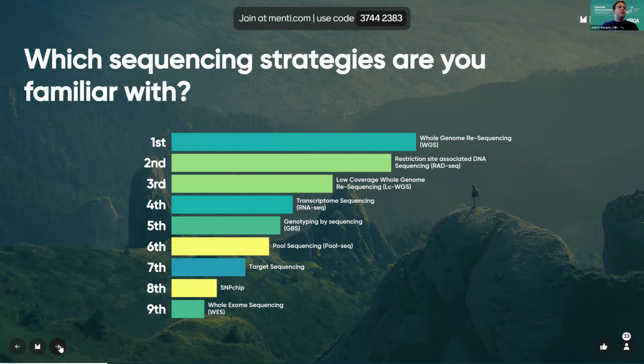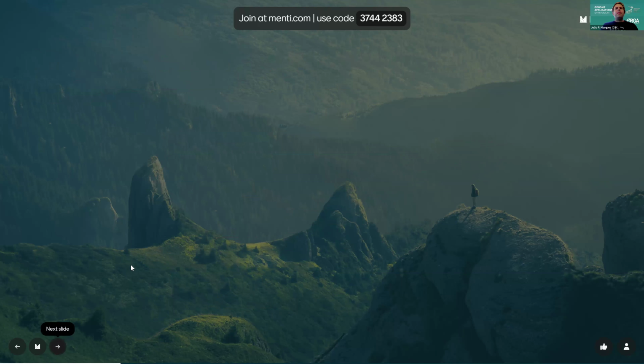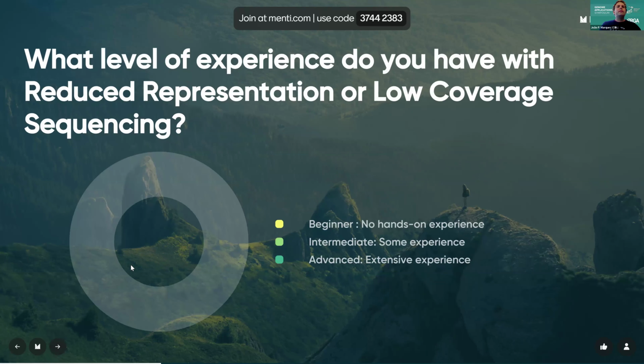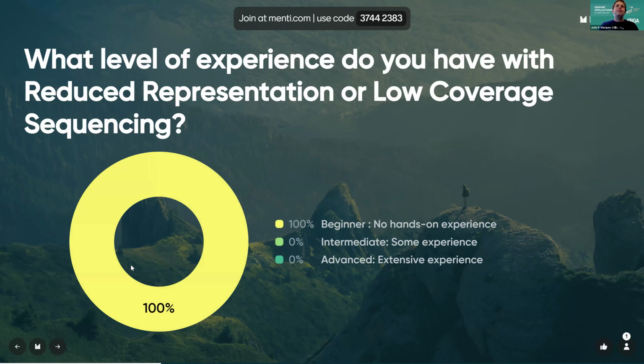So I'll maybe jump to the second one. And now it is the level of experience, from nothing to advanced users. And don't be shy, don't just put intermediate.